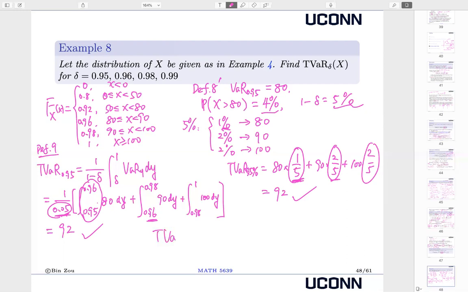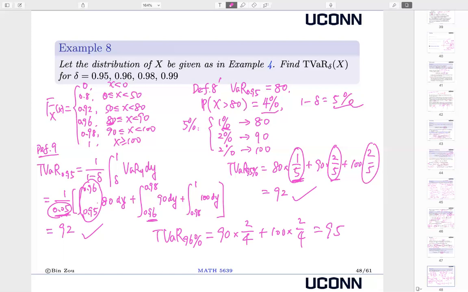Let me give you the result. For instance, for 96%, this is nice because it's fully used, right? And I can directly use this definition, 90 times 2/4 plus 100 times 2/4, meaning I'm using this definition. So I know it's 95 because I'm trying to do the average, right?